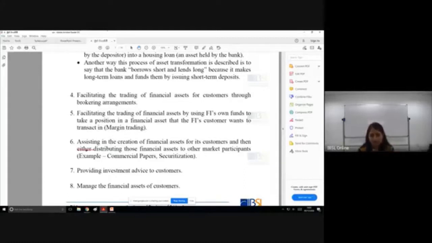Even as a banker working in a branch, you might have customers coming to you saying, look here, this is my requirement. I need to expand my business. What is your advice? Should I take a loan now? Should I wait? Should I go for an initial public offering? Those kinds of advice, they come to you.